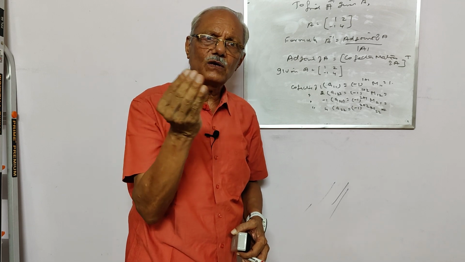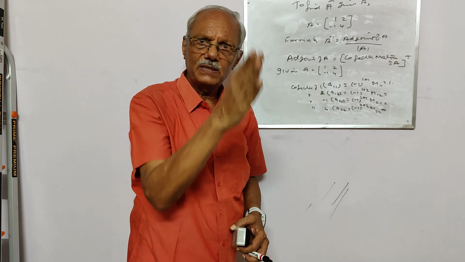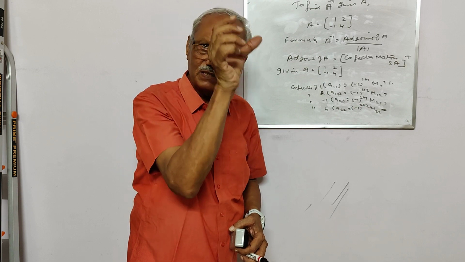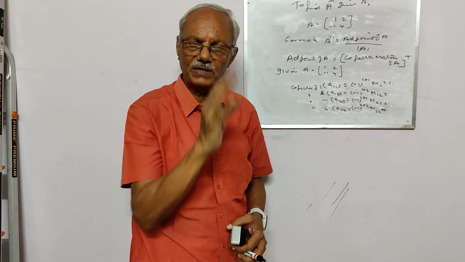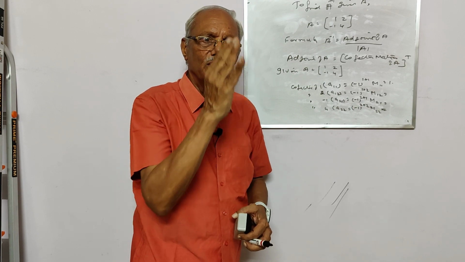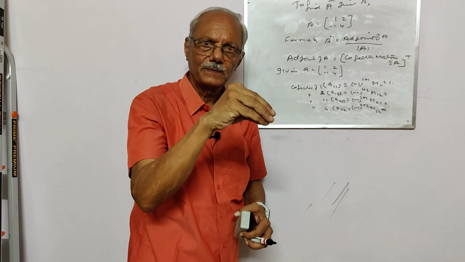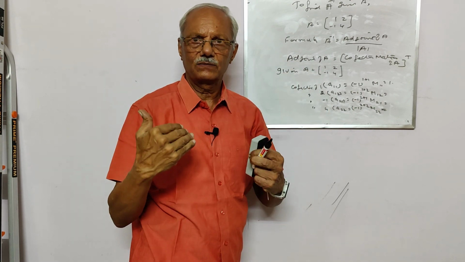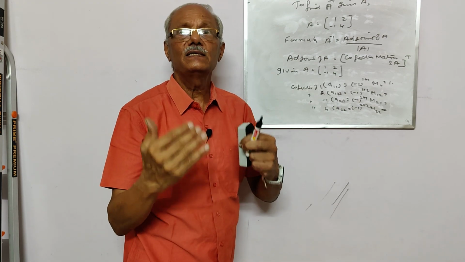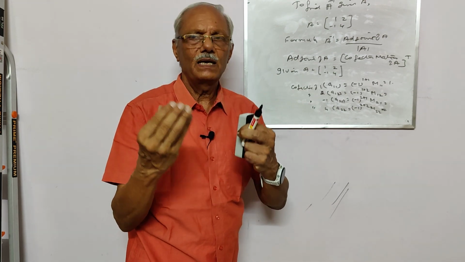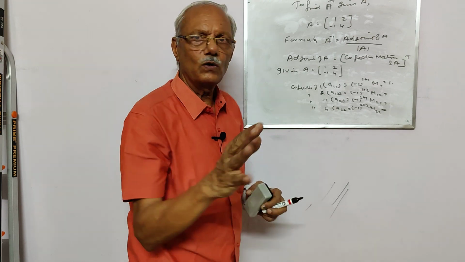How do you get the minor of an element? Suppress means give up that particular row and column of the matrix and take the rest. The rest is a matrix, it is called a submatrix.